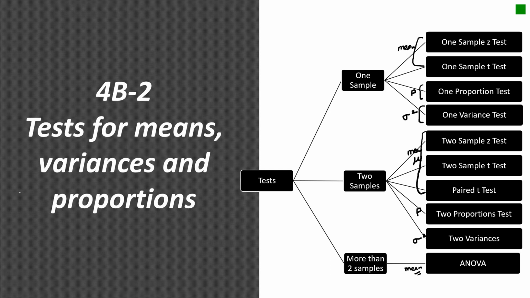So earlier we talked about a case where we were making perfumes and we wanted to check whether the mean of the perfume in the bottle is 150 or not. Here what we were doing was, we were taking some samples, we were finding out the mean of those samples, and based on that mean, we were predicting about the population or predicting about the machine, whether the machine has changed or not.